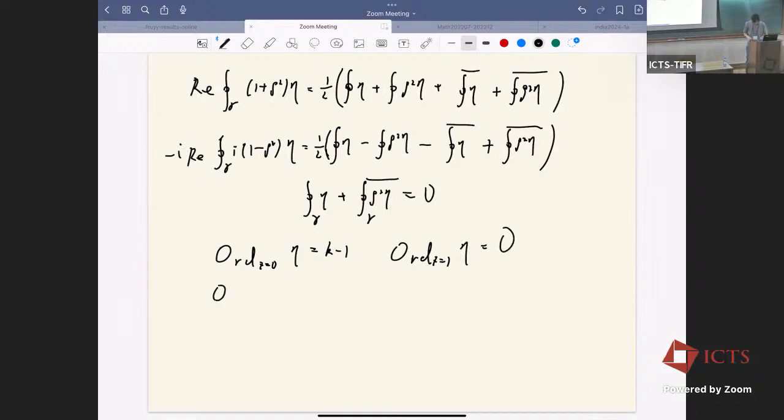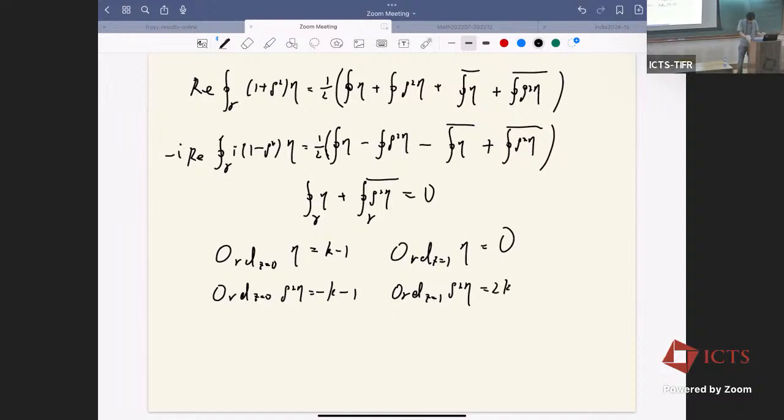And the order of g squared eta is minus k minus 1. This is just computation. And at z equal 1, this is 2k.